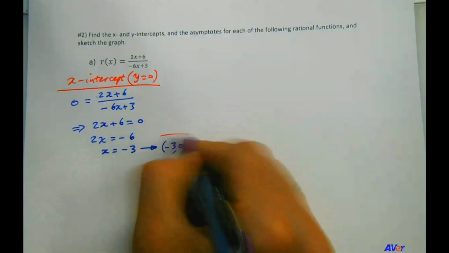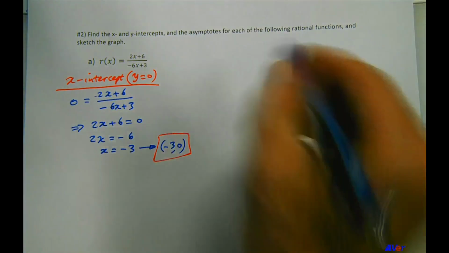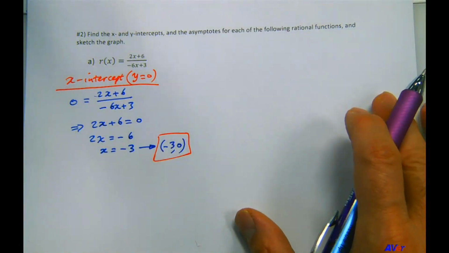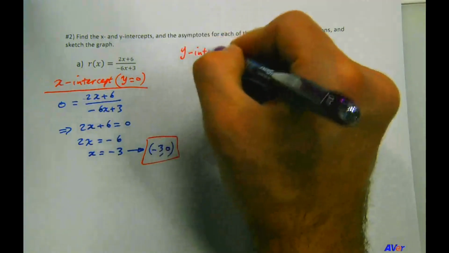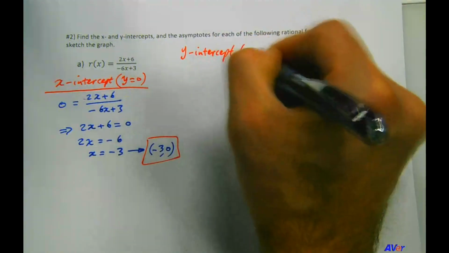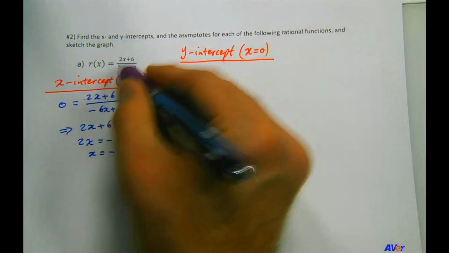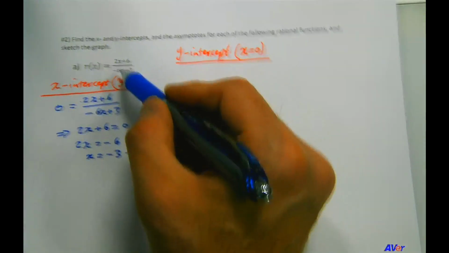Okay, we got that. Let's find the y-intercept. I'm going to do that here so we can look at all this on the screen at the same time. So the y-intercept happens where x equals 0. So let's replace x with 0 in here.